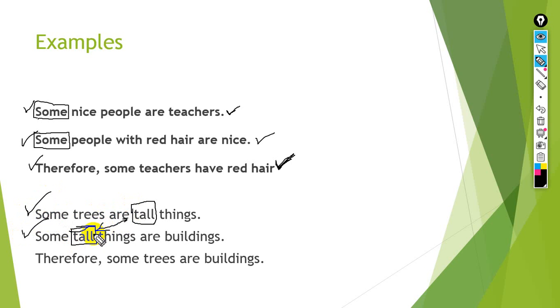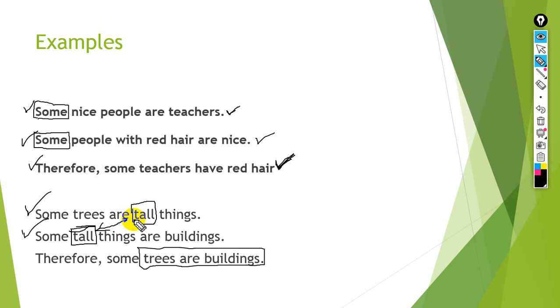On the basis of this tall I can say, therefore, some trees are buildings. Now this doesn't make any sense. We cannot say that trees are buildings. So here we are making mistakes in syllogisms. These types of mistakes are the fallacies in syllogisms.